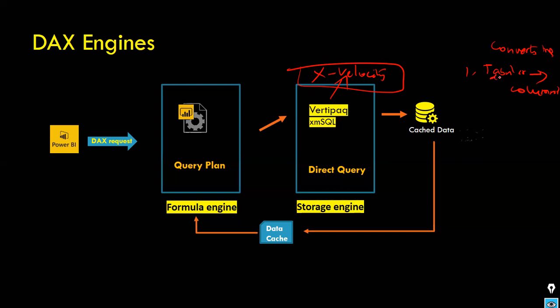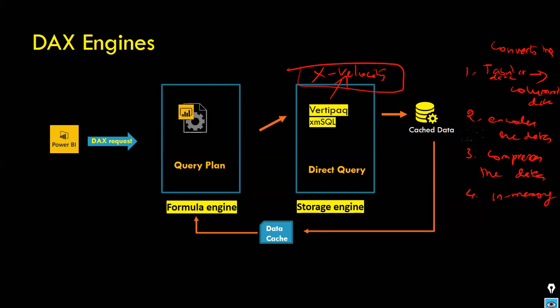The second task is it encodes the data. The third is it compresses the data and loads it in memory.